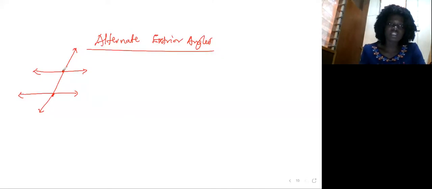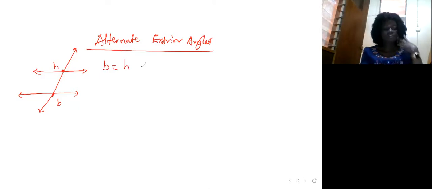So this is exterior, outside. For this, we have H over here, then we have B. So what can you say about it? We can say that B is equal to H.